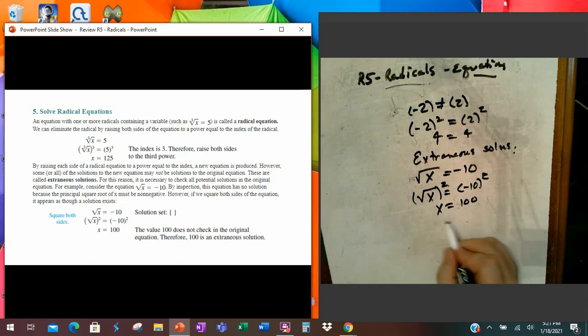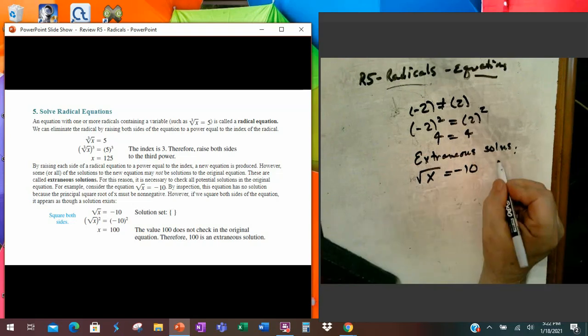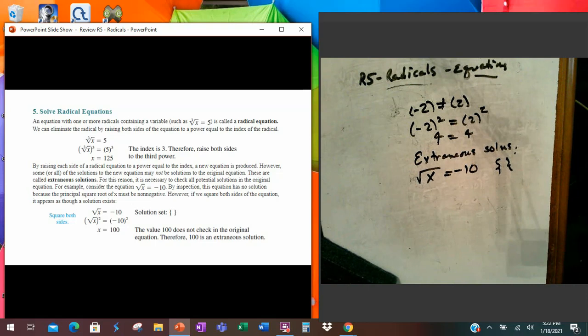And if I check, the square root of 100 does not equal -10. I'm only talking about the principal square root. This could be -10 times -10 would be plus 100, but that's still not the square root. That's not what we're concerned with. We're just doing the principal square root. So that's the concept of extraneous solutions. And here the solution set is basically the null set. There is nothing.